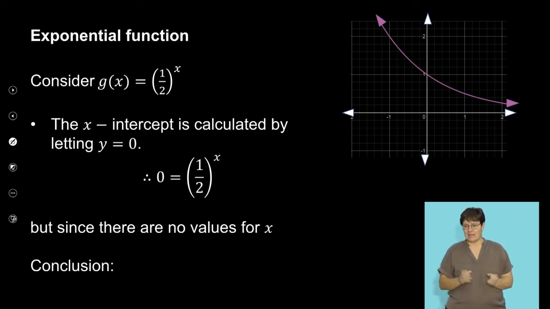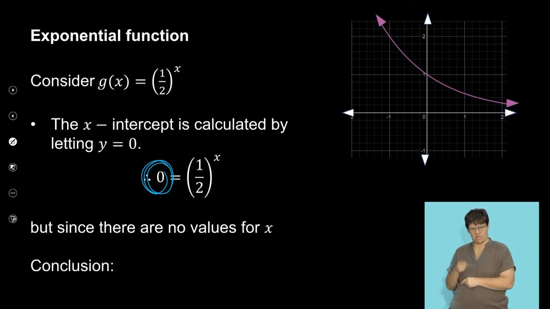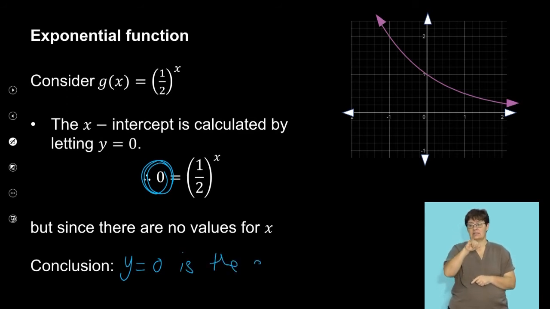There is no way that you can write 0 as a base of a half so that you can equate the exponents, because that's what the rule of exponents is. So the conclusion will be y equals 0 is the asymptote, right? And the other important thing is that there is no x-intercept.